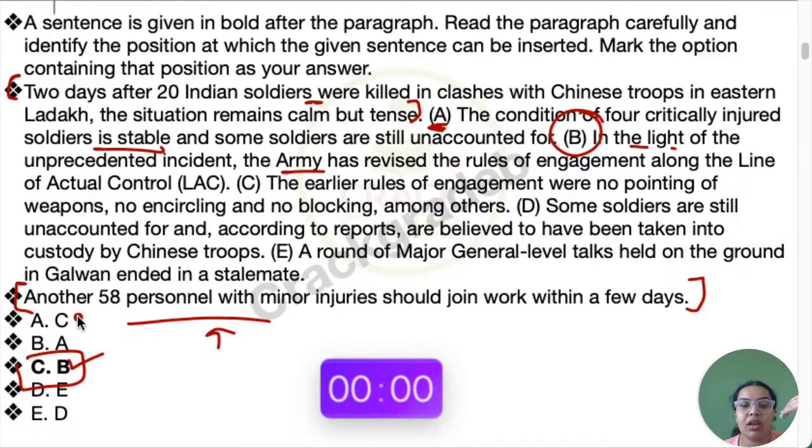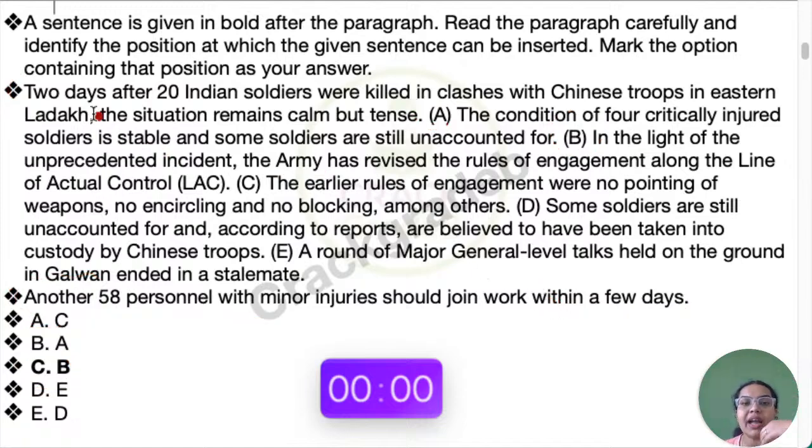See guys, in such questions try to go through this sentence first. Another keyword, big keyword, 58 personnel with minor injuries should join work within a few days. This is the part of data. This is the part of what happened to how many people. So you are already doing that here. You are talking about 20 who were killed. Then we go to less intense, critically injured.